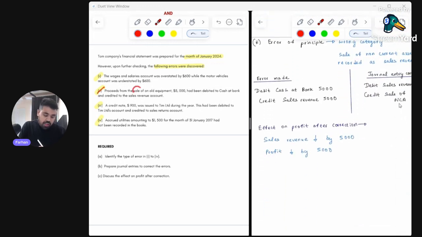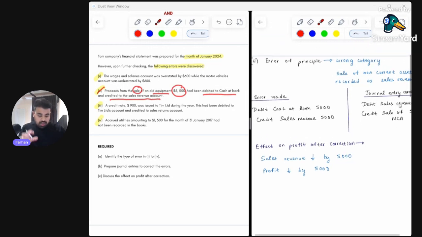Proceeds from the sale of an old equipment, $5,000, had been debited to the cash at bank and credited to the sales revenue account. All right. So this type of error is what we classify as an error of principle, where we have recorded the transaction in the wrong category.